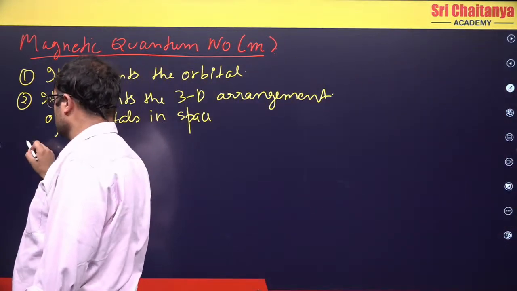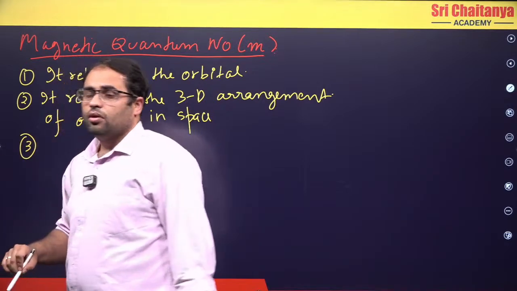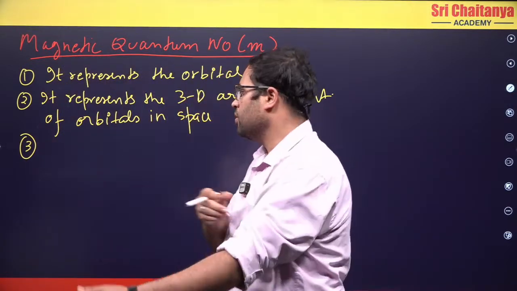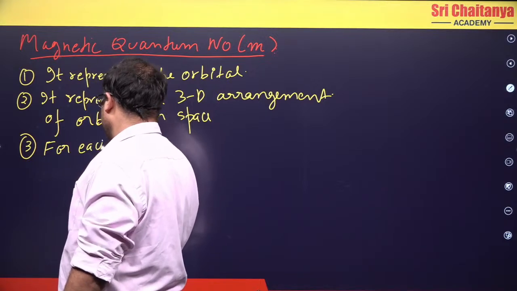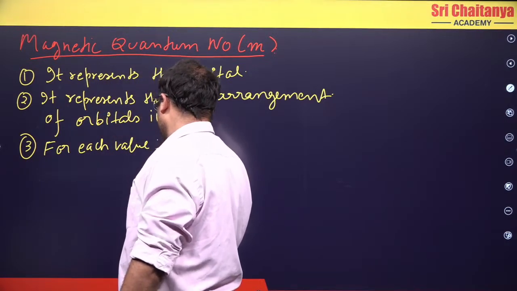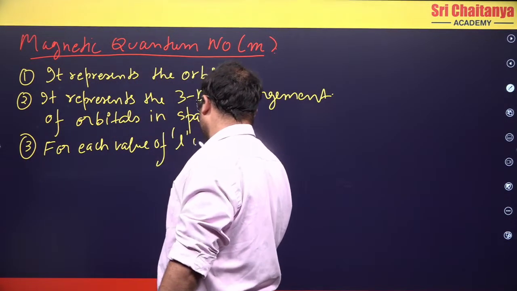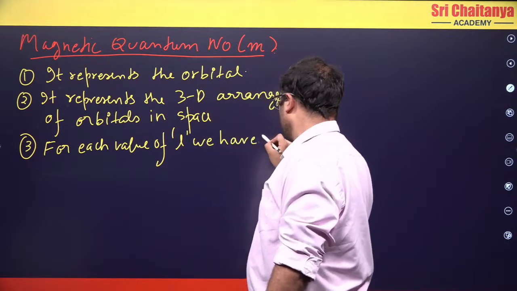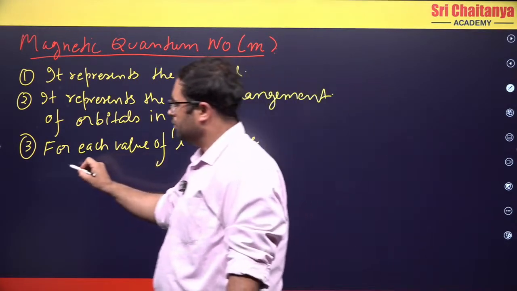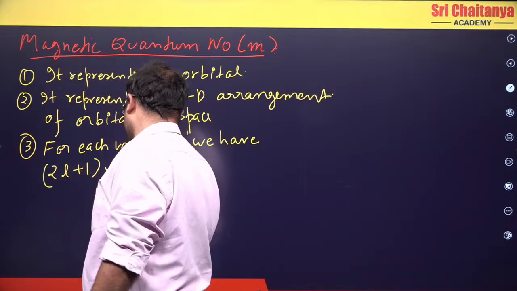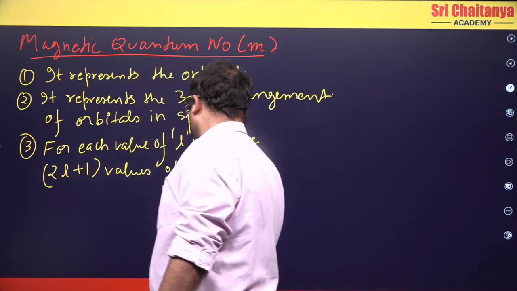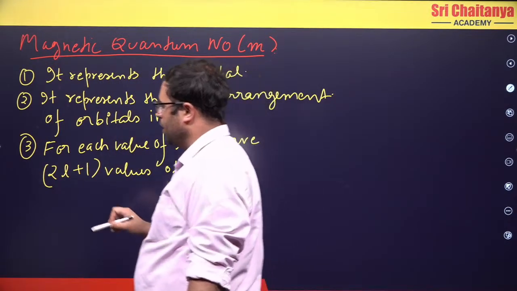Third, for each value of L, we have 2L plus 1 values of M, right?